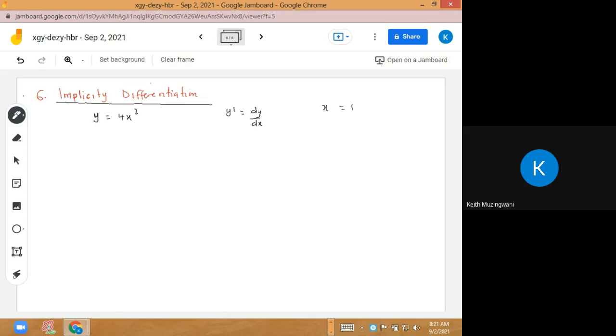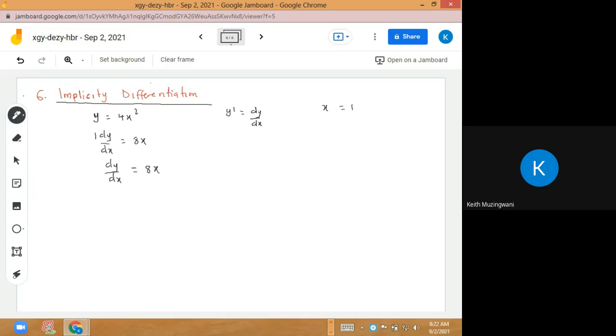So when we say dy dx, you first differentiate y, you get 1, and then you multiply by dy dx, because you have differentiated y with respect to itself when you're actually supposed to differentiate with respect to x. And then on the right, you differentiate 4x squared with respect to x, so you get 8x. But 1 times dy dx still remains dy dx, which is 8x.